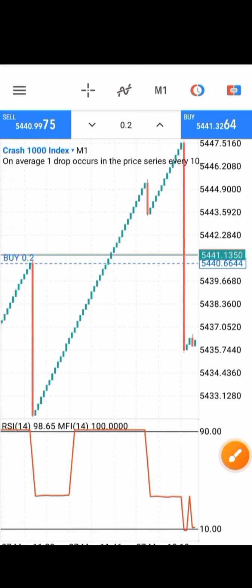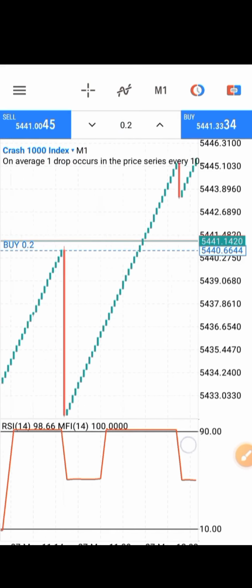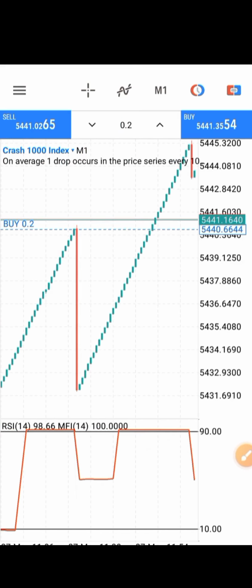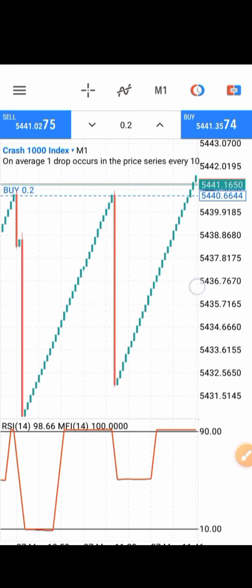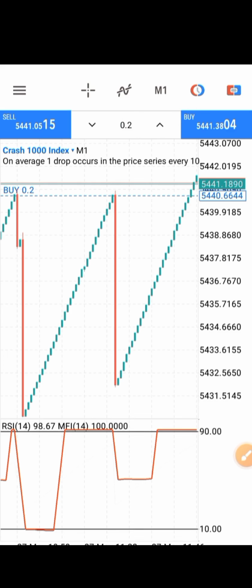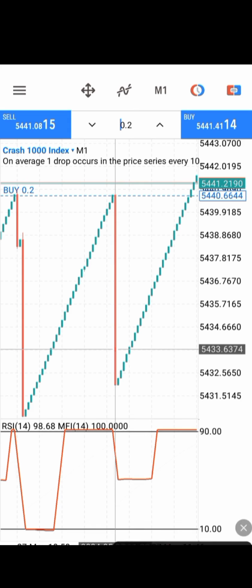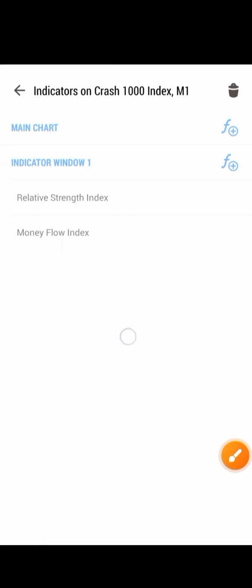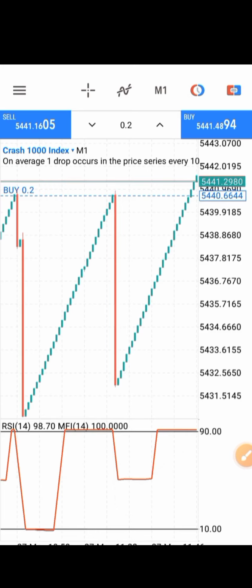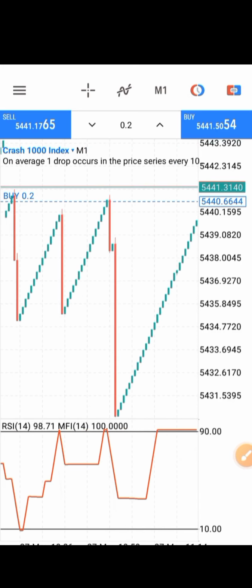Let's do some backtesting. The price, the MFI comes to the level 90 here. So we wait for the spike. The spike occurs at this level, then we enter for that buy at this level. You understand? Count that five candles and assess your trade. So you are not meant to stay very long on that market. It is called scalping.